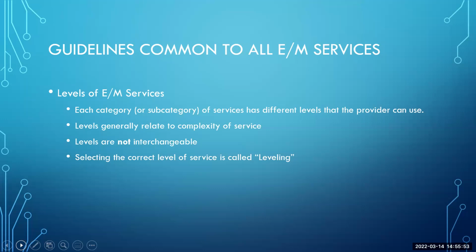Each E&M section, each category or subcategory, has different levels, so different codes that relate to the complexity of the service. When we're determining which of those codes is appropriate, it's called leveling. That might not make any sense when I just say it, but now I'm going to switch over to the book itself and we'll look at it a little bit more, okay?